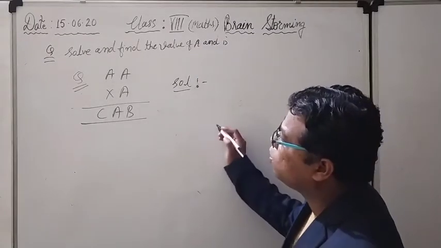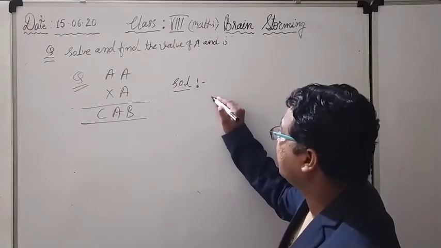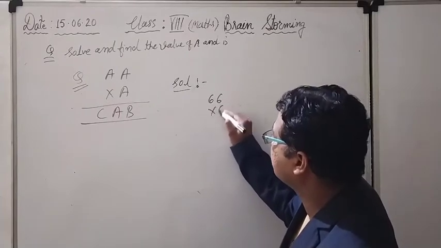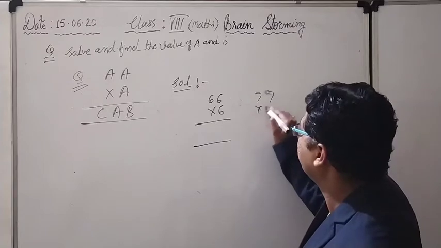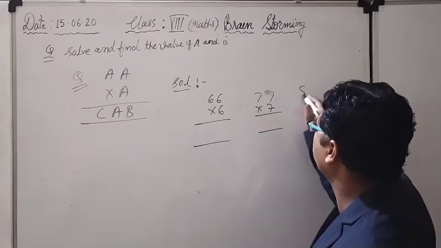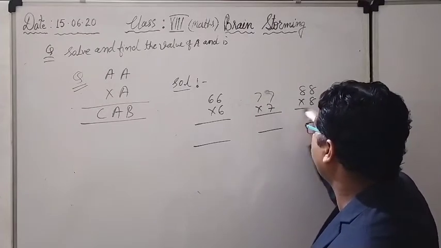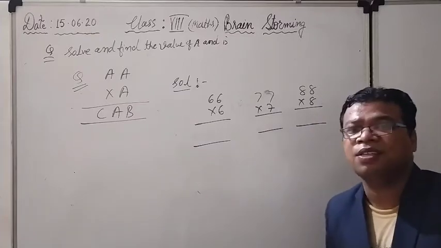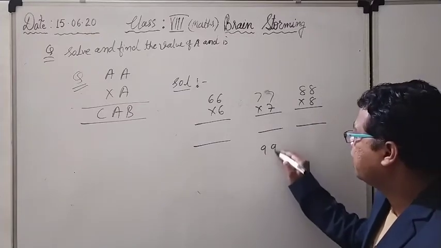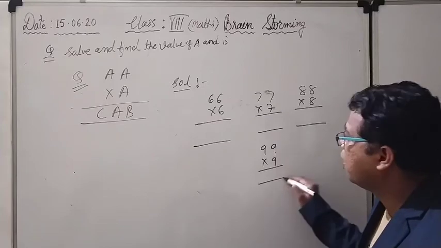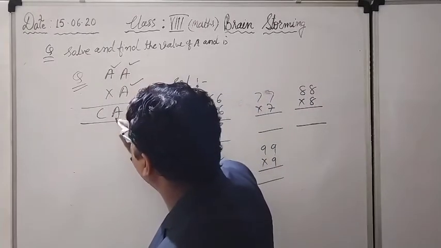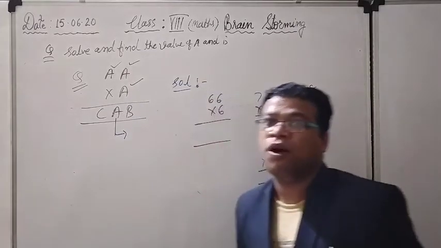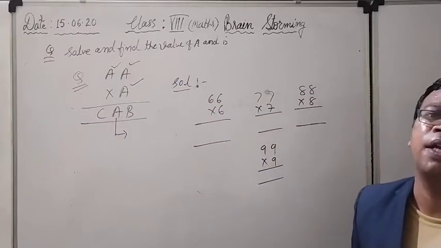Right now see AA into A, it is giving me the hint that I have to find out 66 into 6, 77 into 7, 88 into 8, 99 into 9. And what is the logic here? See here, A and the middle is also A. So I have to match the answer with the middle digit.